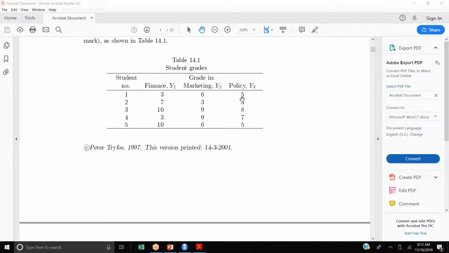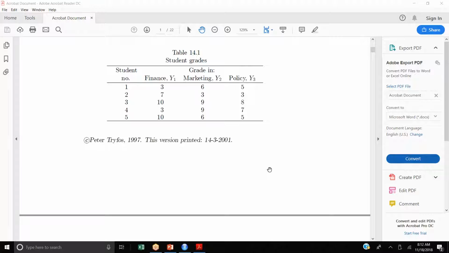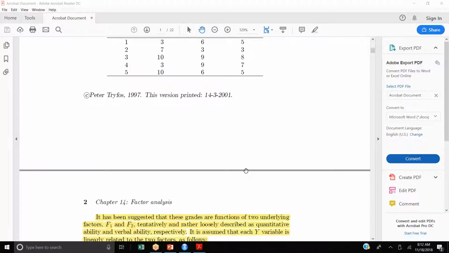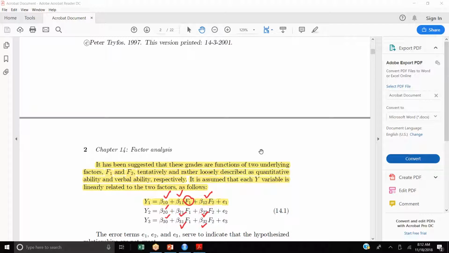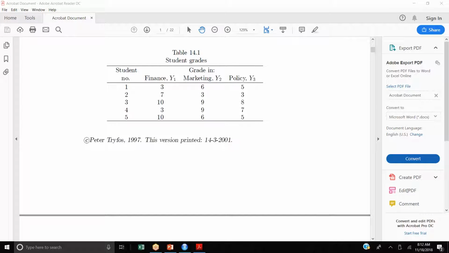Some part of finance and policy are related to some touchy-feely dimension. Okay? Does that make any sense to you?